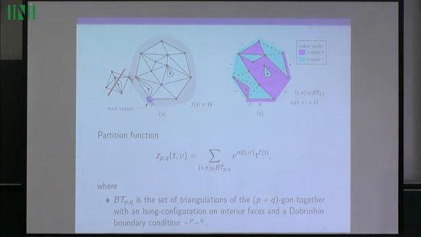Here we should note that nu is the coupling constant for the Ising model, so it's basically the exponential of the inverse temperature, and it's to the power of the number of monochromatic edges. And then t is the coupling constant for the number of faces. If we set nu to be 1, then this is just pure gravity triangulations of a p-gon. Okay?